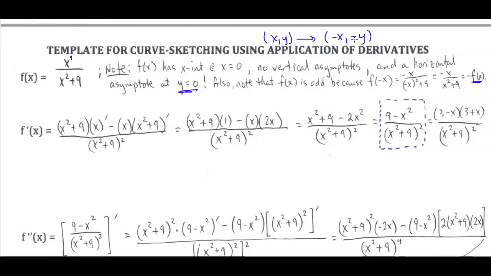So let's say if I had the point 2, 3 on this graph, then that means I automatically know I also have the point negative 2, negative 3 on the graph as well. And so what this essentially means is if I can figure out what one half of the graph looks like, I can tell you what the other half is going to look like.